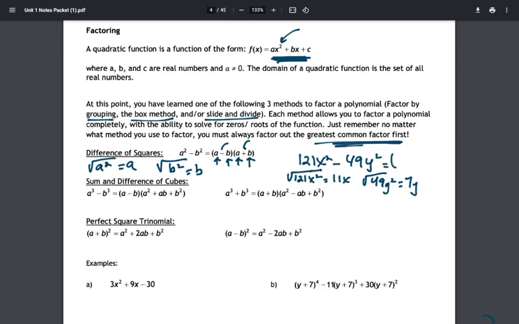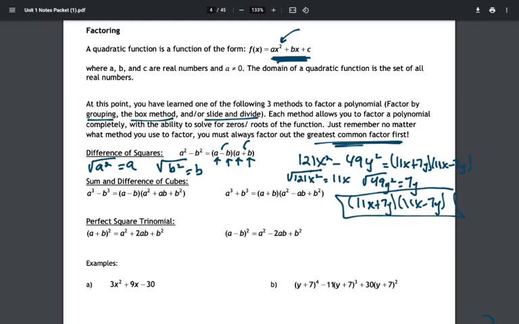So this is going to factor to be 11x plus 7y and 11x minus 7y. So that's how that would factor as a difference of squares.